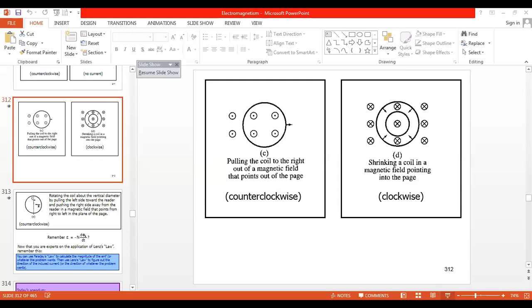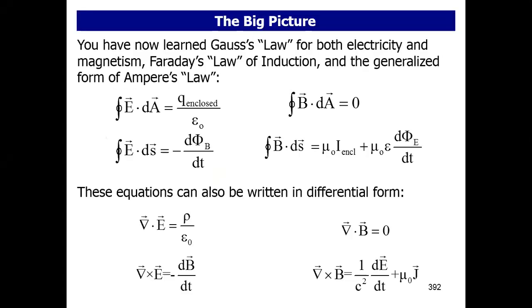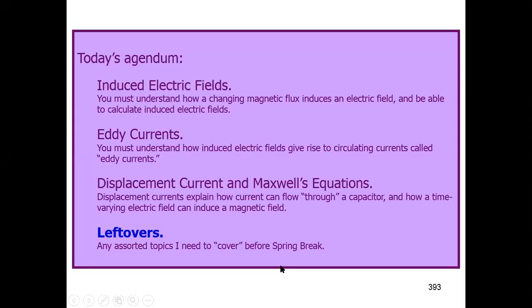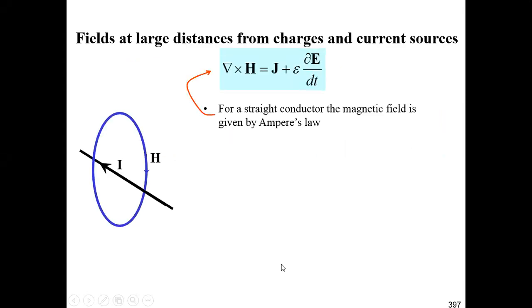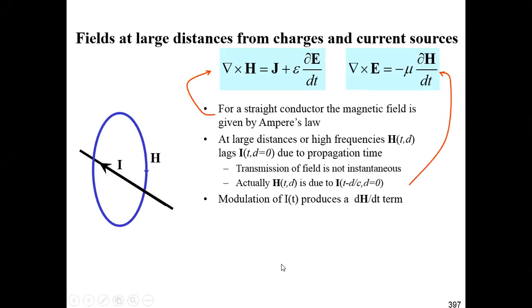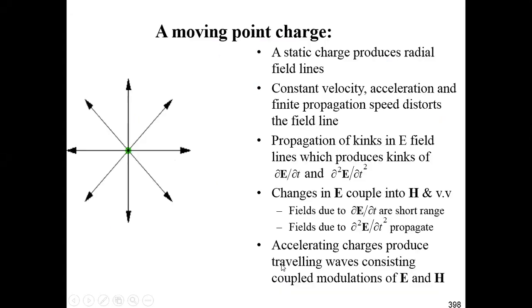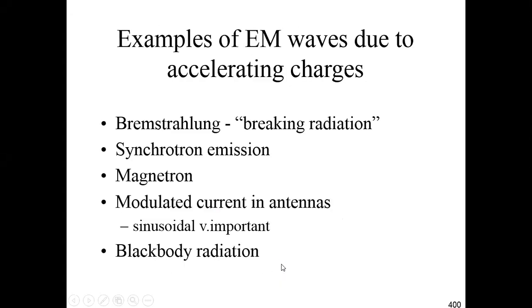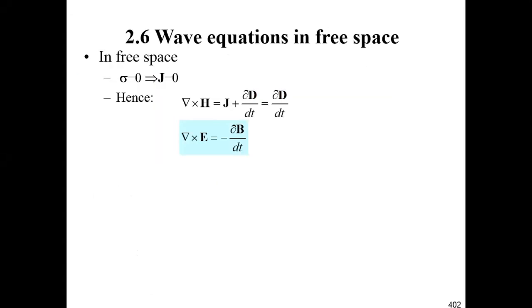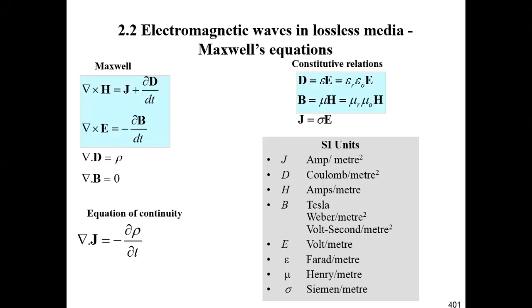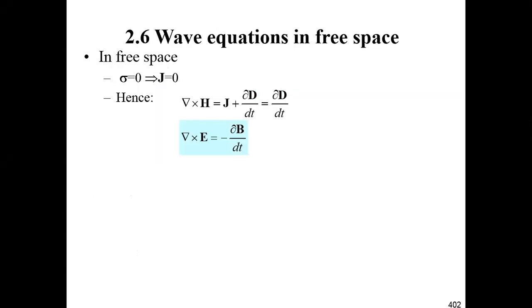Del cross E equal to minus dou B by dou T. Del cross H equal to JC plus JD. Tell me, what are Maxwell's equations?